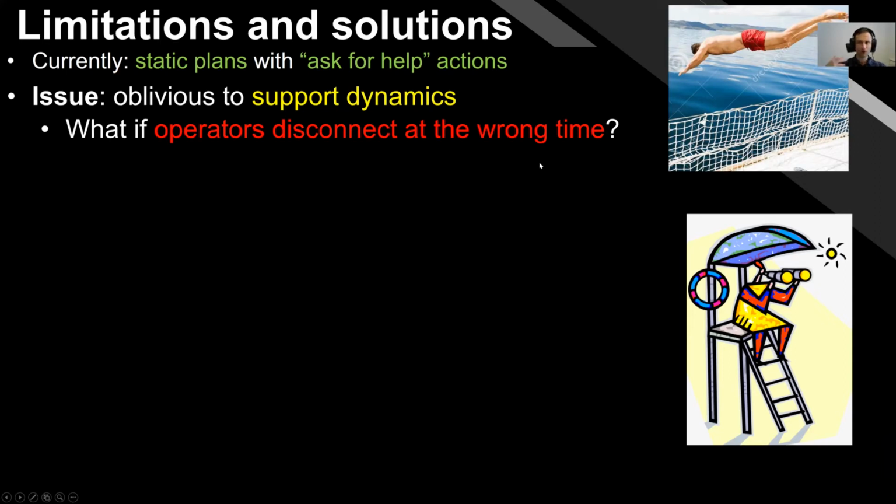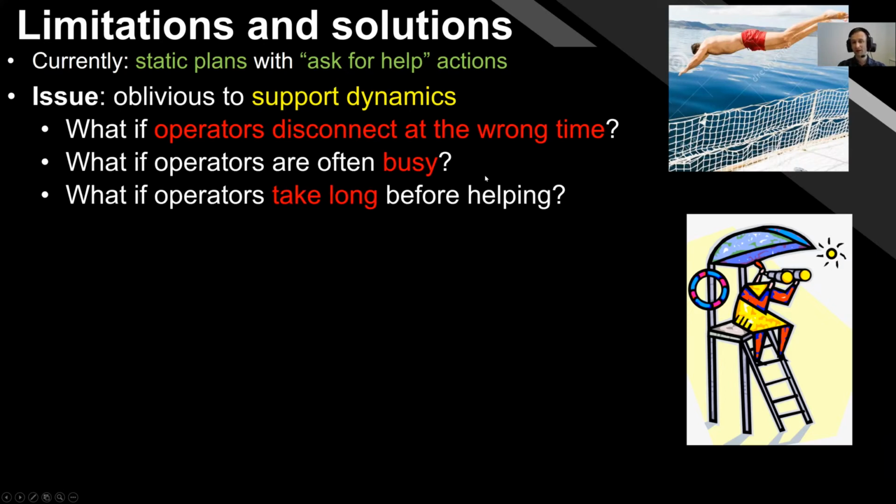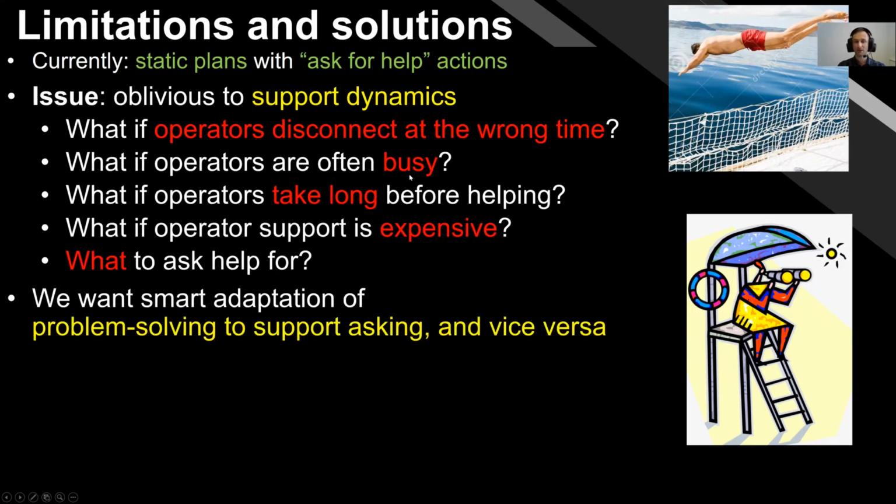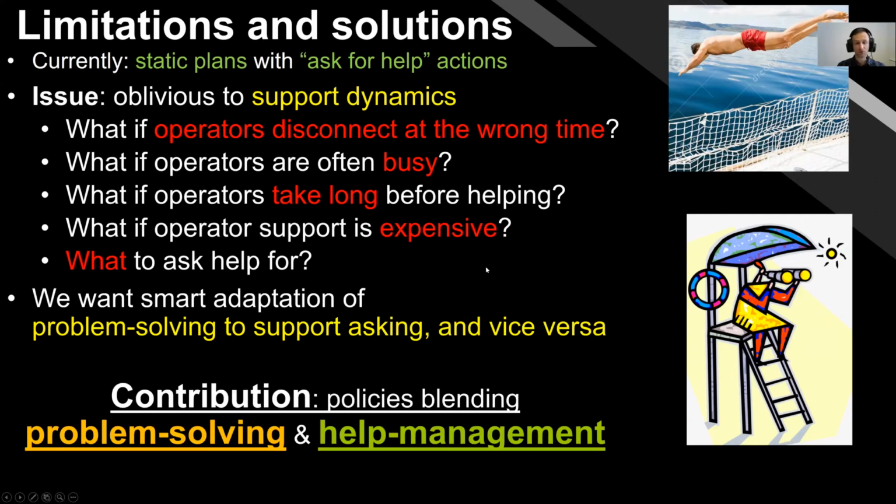How do you deal with that? Can you anticipate this kind of situation? What if operators are busy? What if they take long before helping? Support is expensive. What help do you ask for? And more generally, how do you adapt your problem solving to the support you ask for, and the support you ask for to the problem solving? In this kind of plan, they won't consider, okay, what if I take the duck buoy before jumping into the water? It's not really something that this kind of system takes into account.